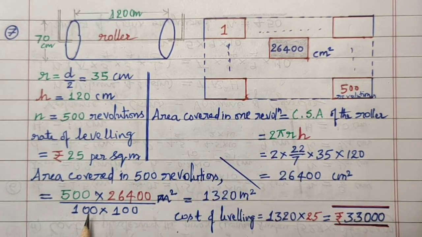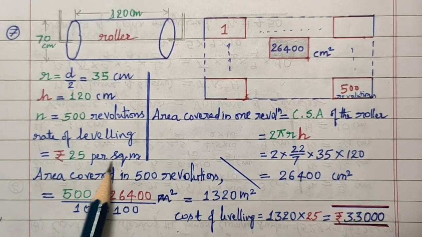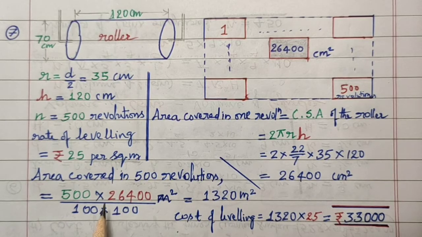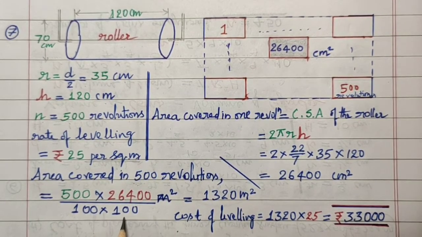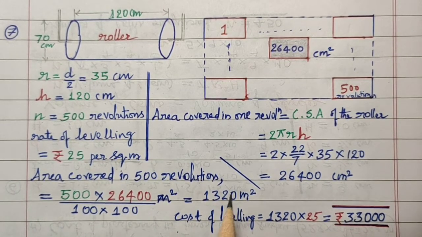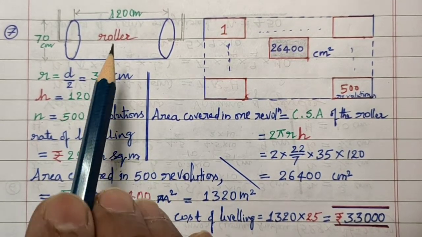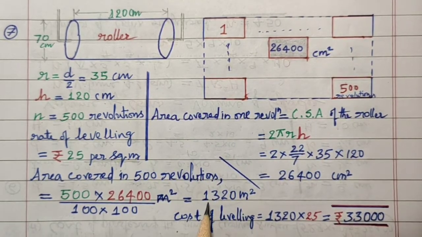We need to convert that into meters because we have the rate in square meters. So centimeter square can be divided by 100 into 100 to convert into meter square. When we calculate this, we get the area covered by the roller by taking 500 revolutions as 1320 meters square.